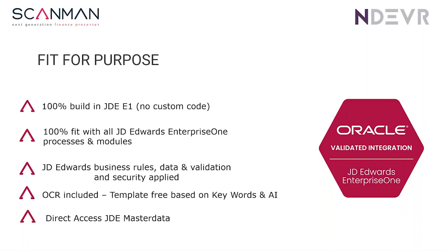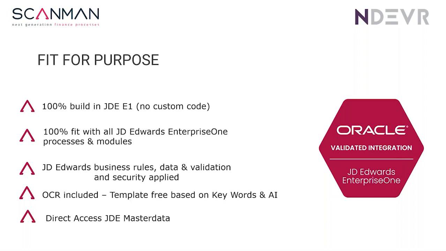Also to mention is the fact that part of the solution is an OCR engine. We are actually leveraging the one from Abbyy. One of the main advantages is that it's a template-free OCR solution, which means it's not reliant on the templates of the supplier.